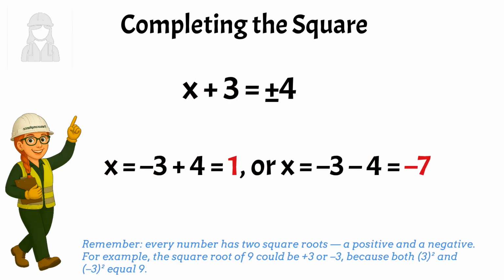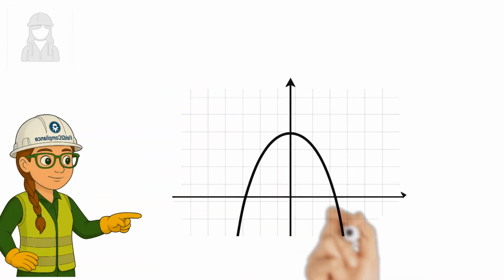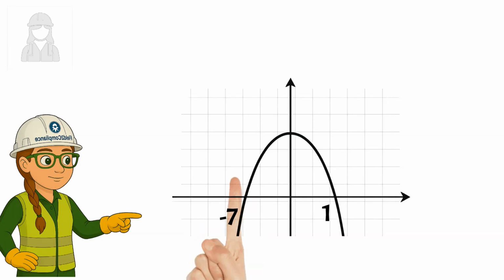Solve for x. X equals -3 plus 4 equals 1, or x equals -3 minus 4 equals -7. So the solutions are x equals 1 and x equals -7. That means our parabola crosses the ground at these 2 points.